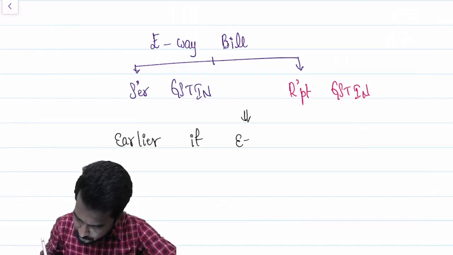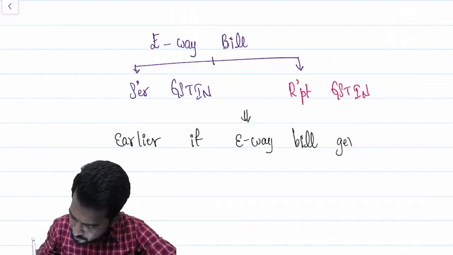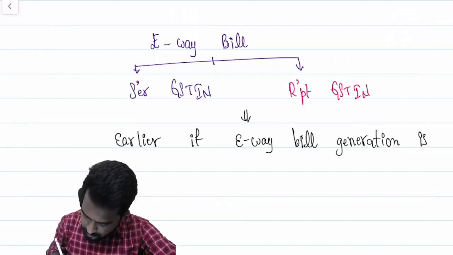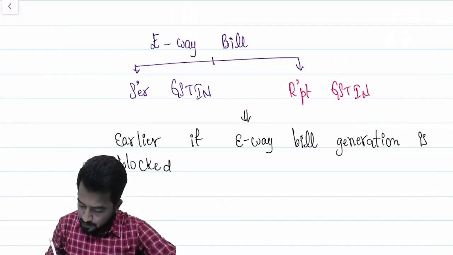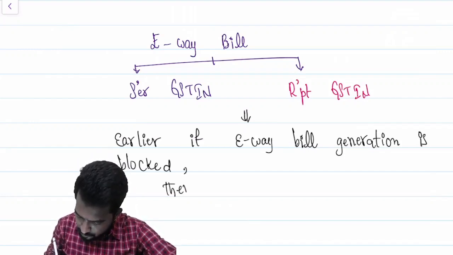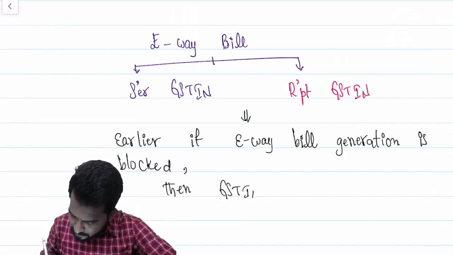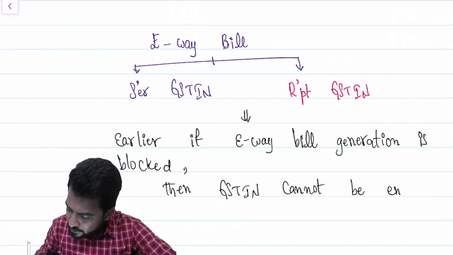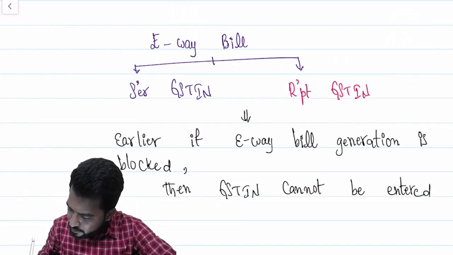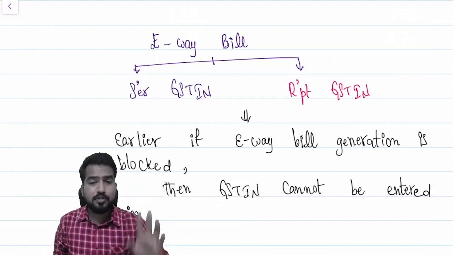So earlier, please understand, if e-way bill generation is blocked, then that particular person's GSTIN cannot be entered in the supplier's column or the recipient's column.